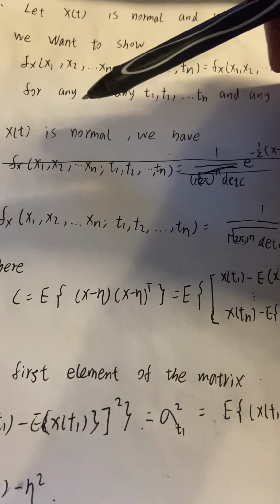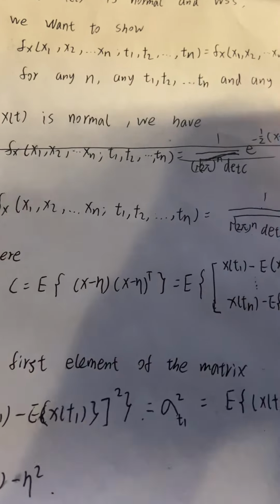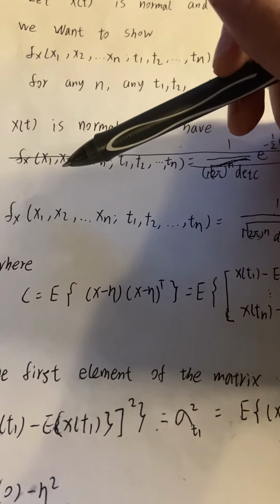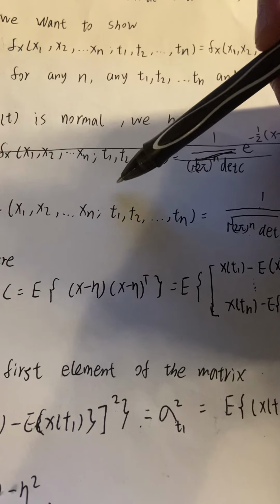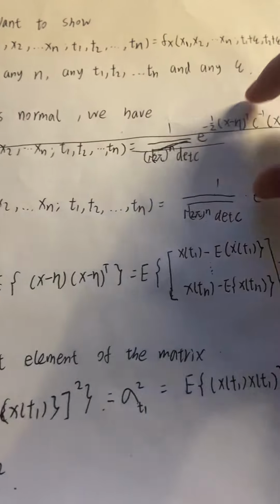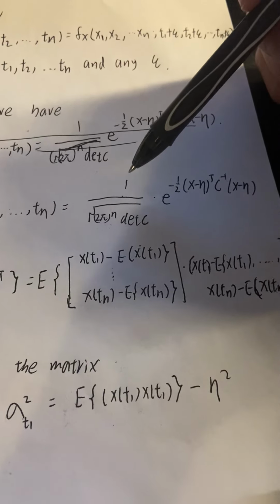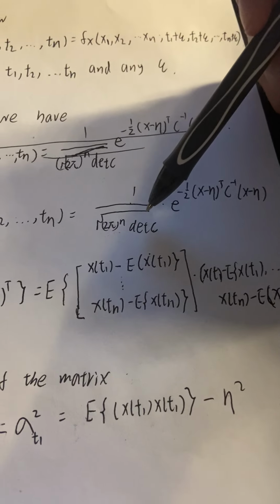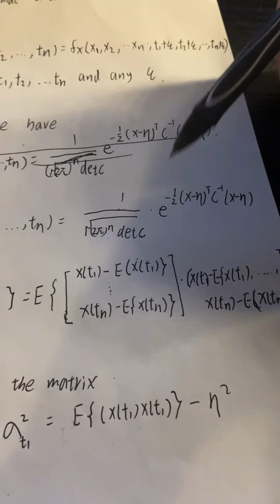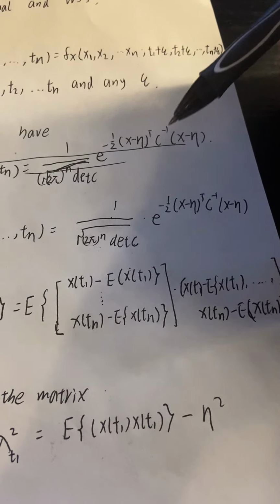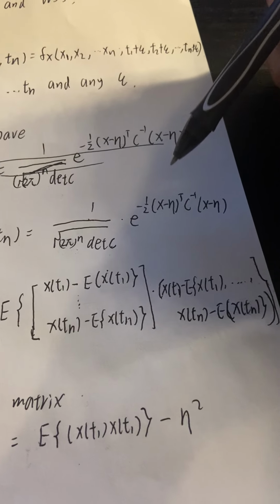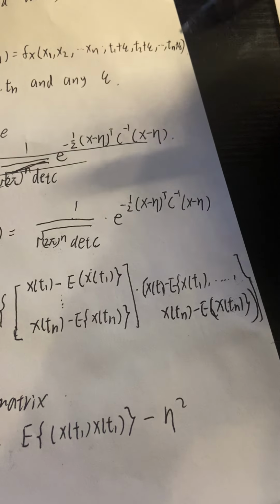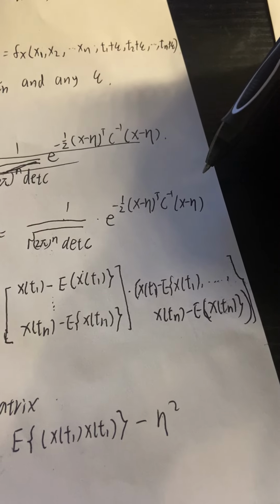First, we know x of t is normal, so we can write down its density function: f_X of x1, x2 up to xn, t1, t2, and so on up to tn is equal to 1 divided by the square root of (2 pi) to the power of n times the determinant of matrix C, times e to the power of -1/2 times (x minus eta) transpose times C inverse times (x minus eta).